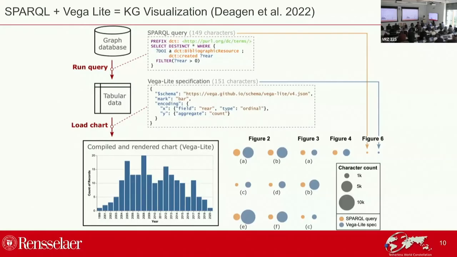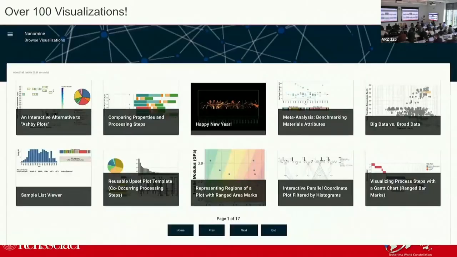You're able to build out either very simple or very complex data visualizations. On one of our projects, we had a material scientist, not a computer scientist, not a programmer, who got very enthusiastic about it and created over 100 different visualizations for the MaterialsMine knowledge graph, including some fun ones like a Happy New Year.